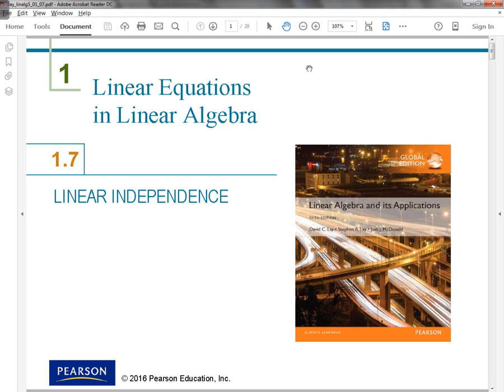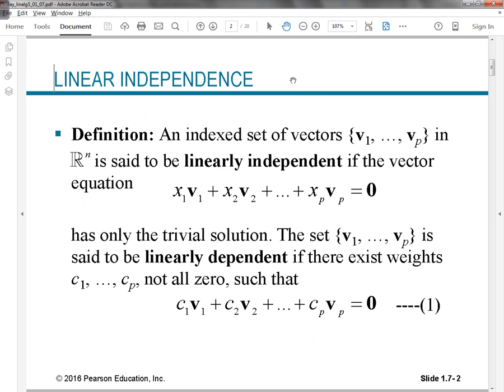Somehow you are already familiar with this concept from thinking about the geometric meanings. So let's look at the definition of linear independence. We are given a set of vectors v1 through vp, which is not an empty set.